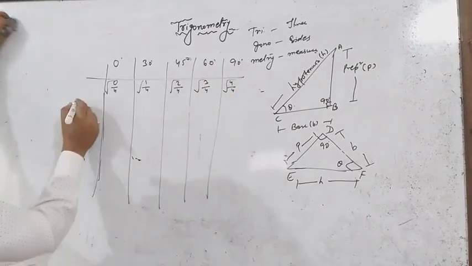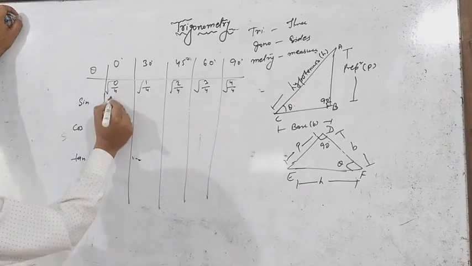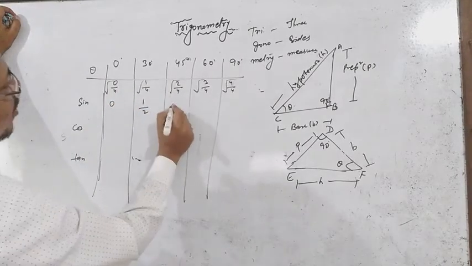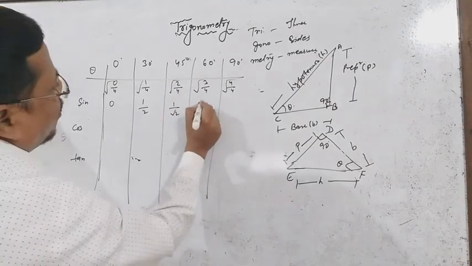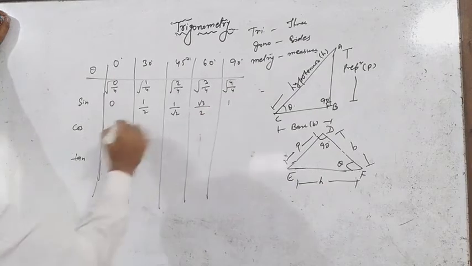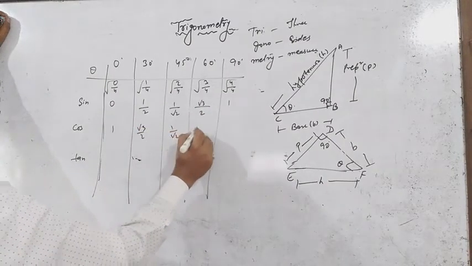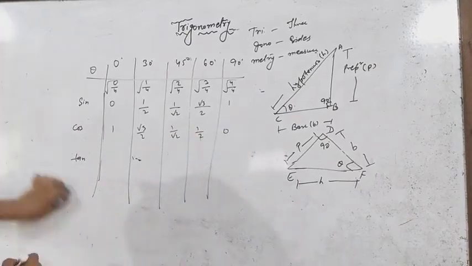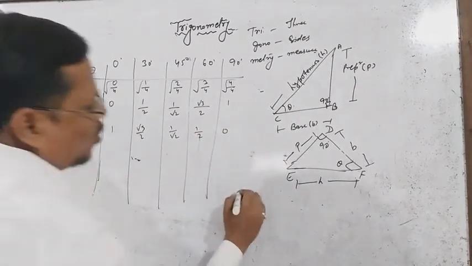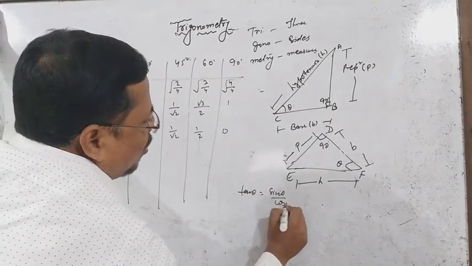Then sin theta, that means 0 by 1 by 4, that means 0. Then 1 by 2, 1 by root 2, root 3 by 2, and that means 1. Cos is the reverse of this: 1, root 3 by 2, 1 by root 2, 1 by 2, 0. Tan theta: we know that tan theta equals sin theta by cos theta.